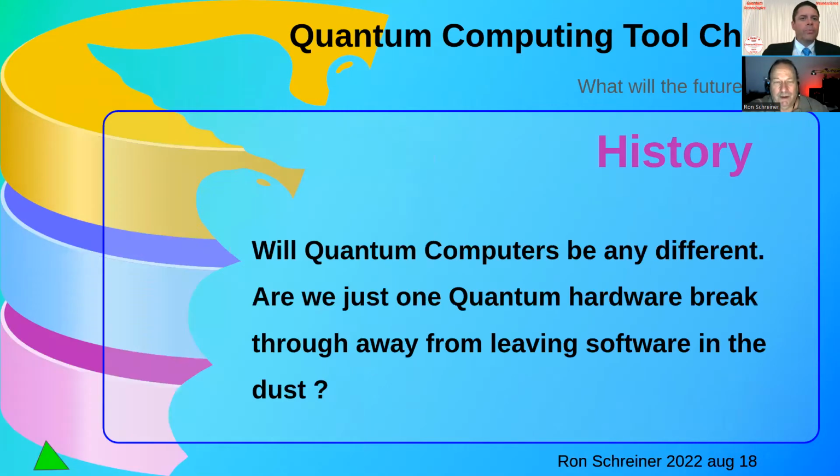So that kind of does it for history. The last comment is, will quantum computers be any different? Are we just one quantum hardware breakthrough away from leaving software in the dust again? Has the industry really learned the lesson? Are the software and algorithm lags at least getting shorter?